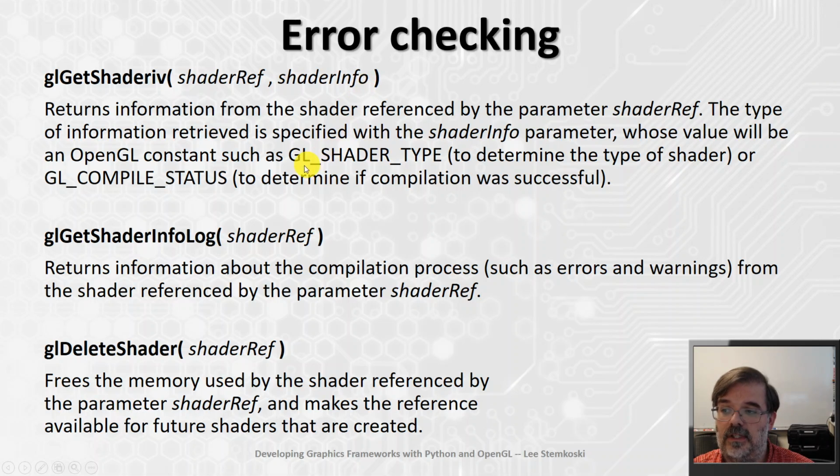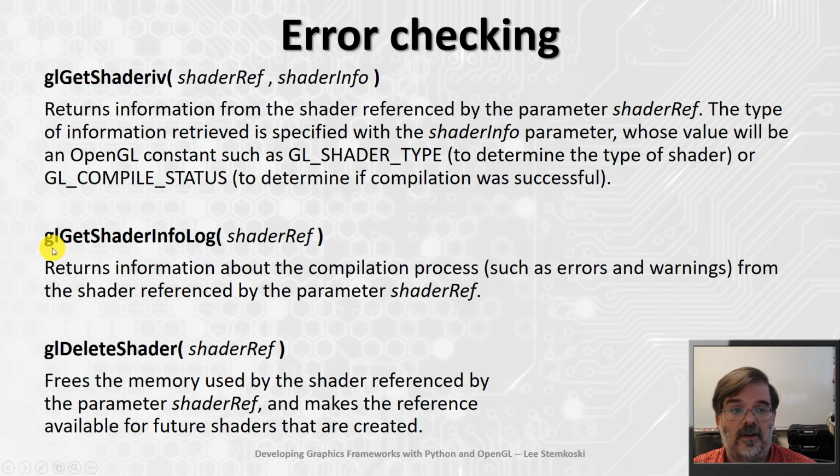And again, it's one of these OpenGL constants. For example, you could determine what type of shader that reference is referring to with GL_SHADER_TYPE, but we'll actually be using the constant GL_COMPILE_STATUS. And that will tell us whether or not compilation was successful. So that'll return a Boolean object for us.